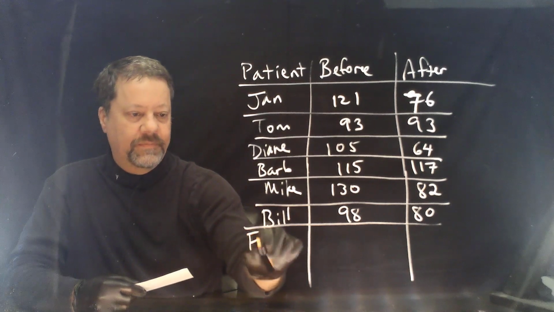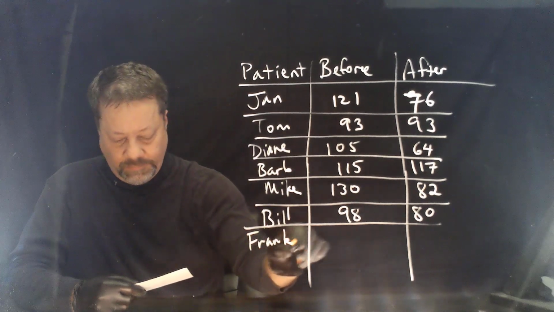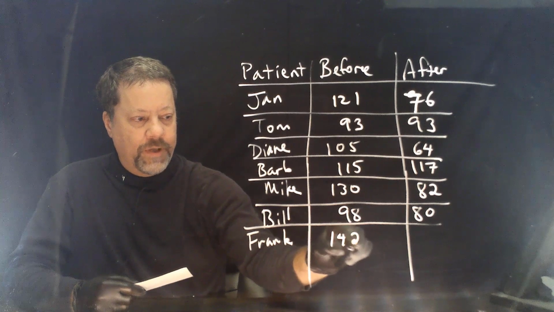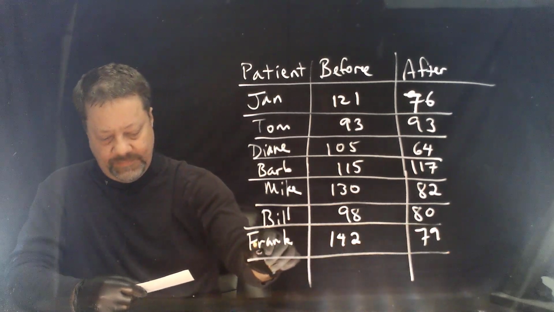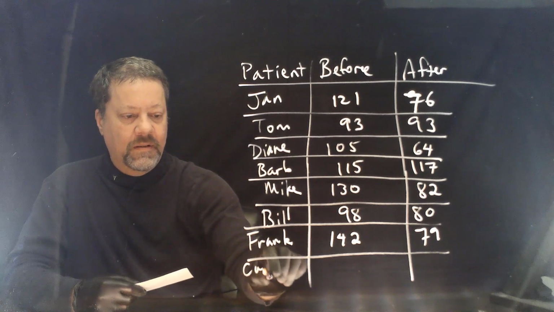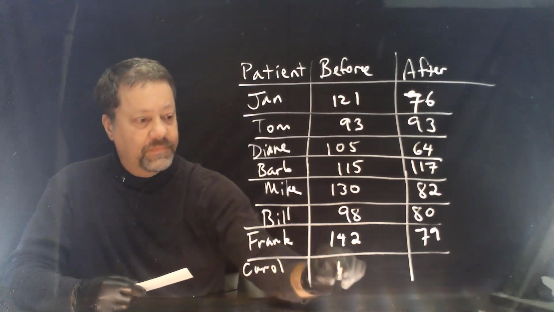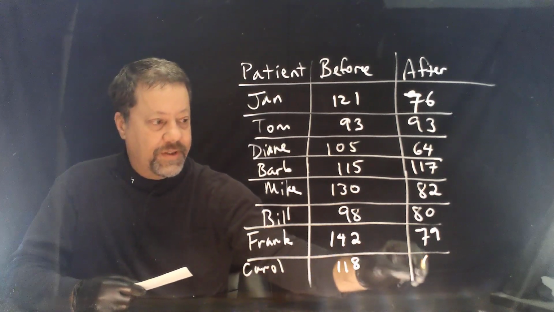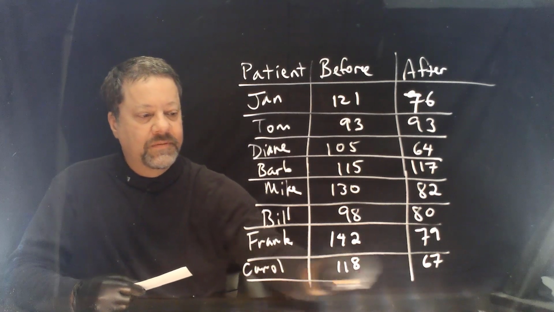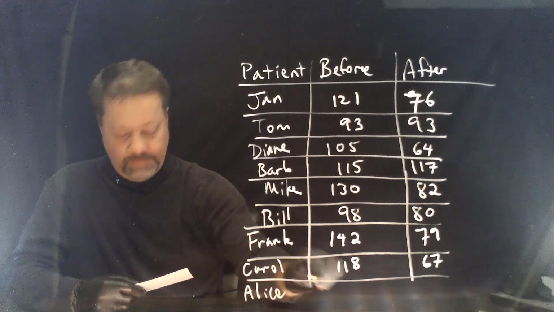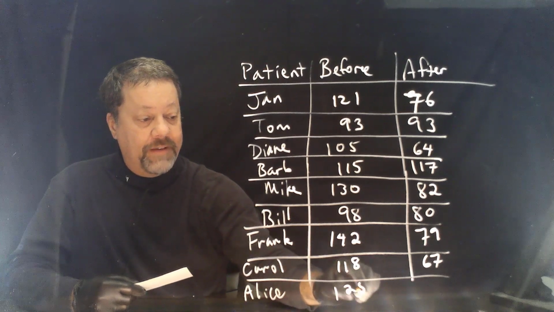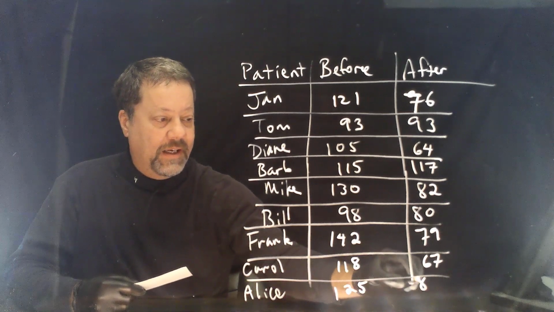Frank, 142 versus 79. Carol, 118 versus 67. And then Alice, 125 versus 89.